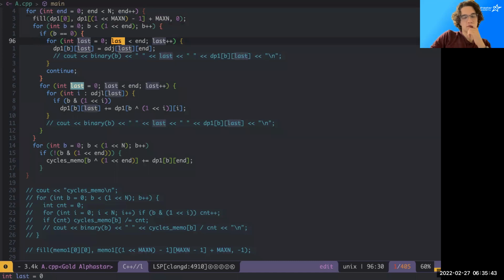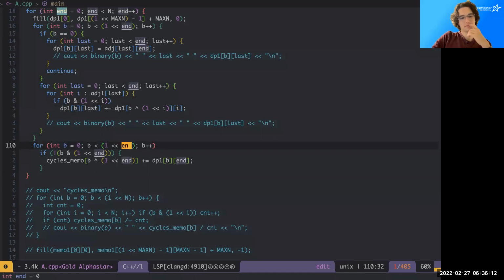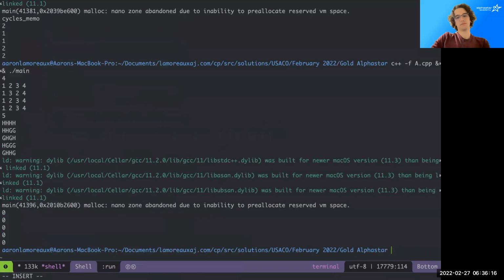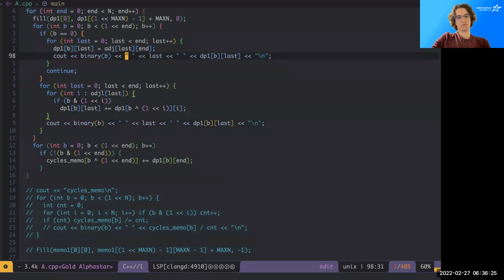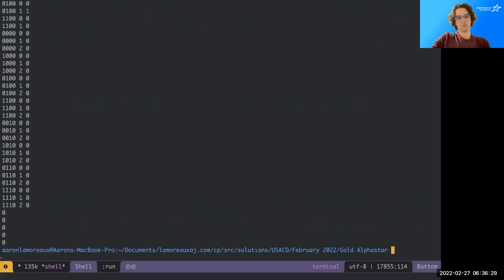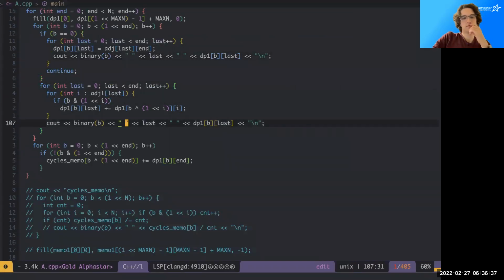So we loop over if it's 0. I wanted to avoid looping all the way up to n every time.